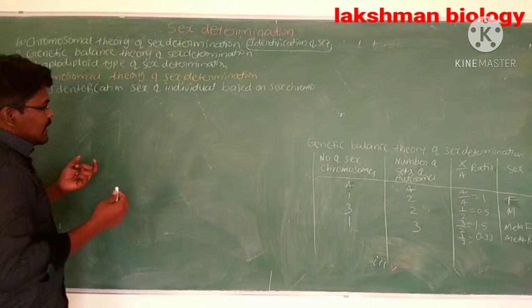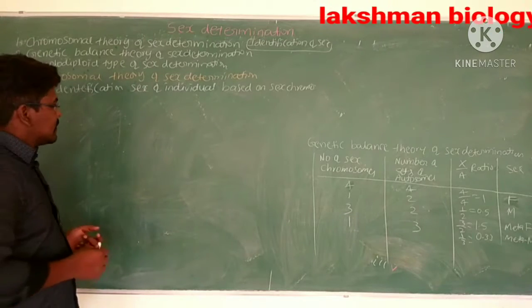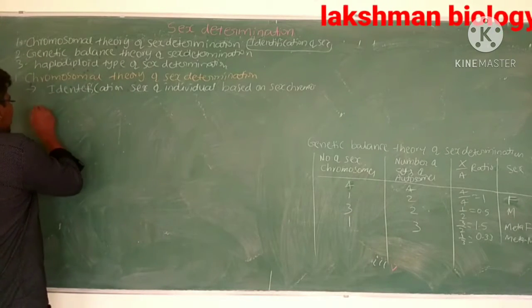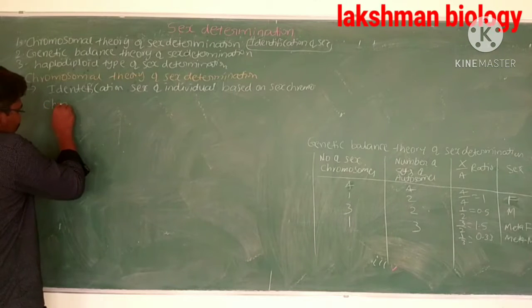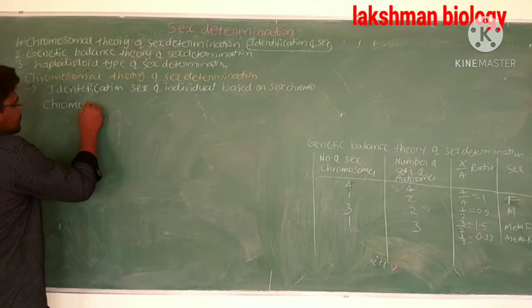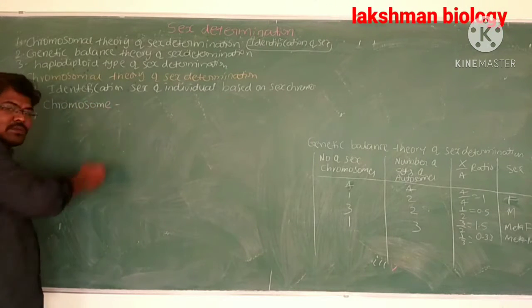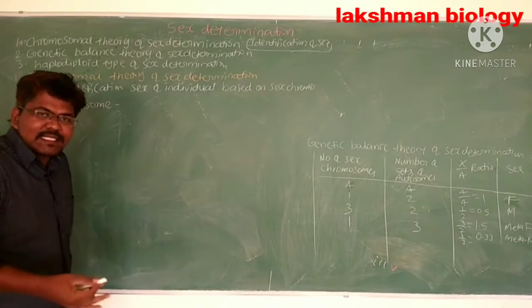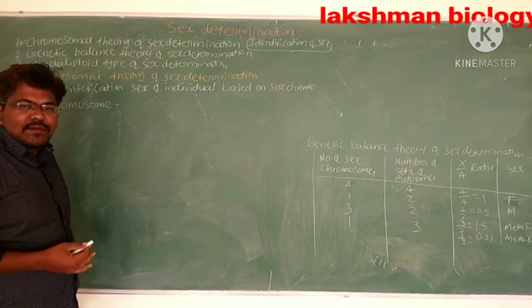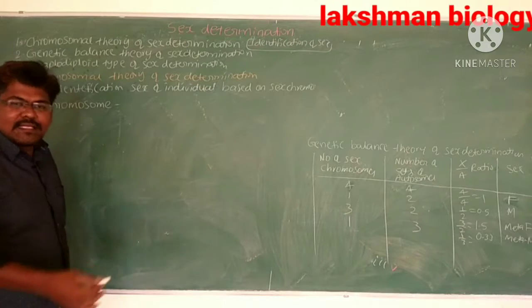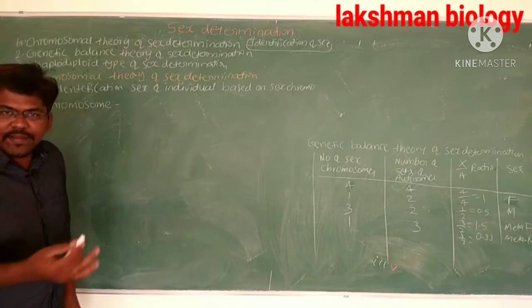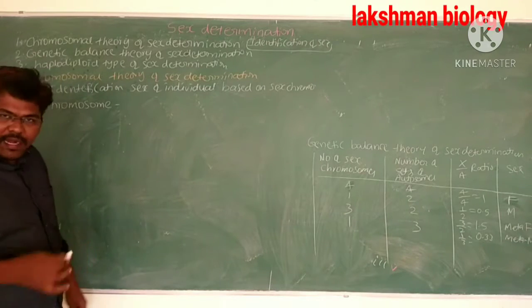Individuals mainly contain two types of chromosomes. What is a chromosome? Chromosomes are thread-like structures which carry the genes for transfer of characters from one generation to another generation.